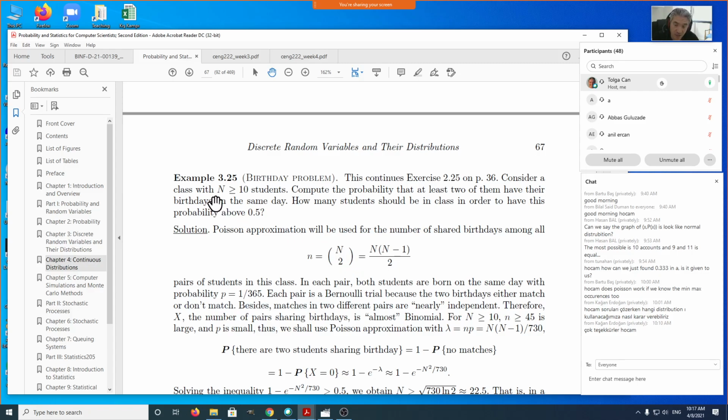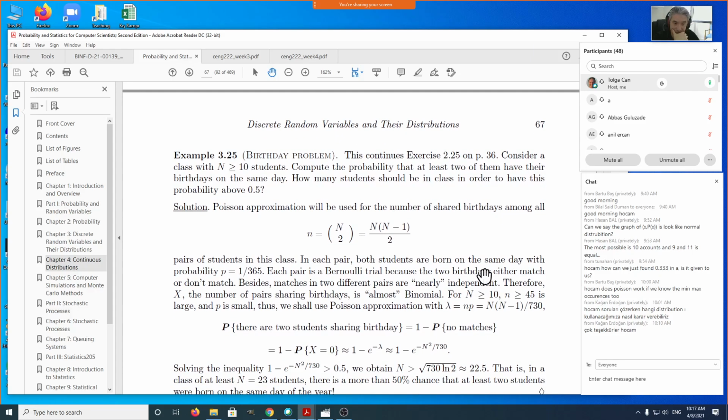And when we have more than 10 students, this n choose 2 is going to be a large number. For example, when we have 10, it's going to be 10 times 9, which is 90, divided by 2, 45. So we will try 45 pairs of students with the success probability of each trial 1 over 365.